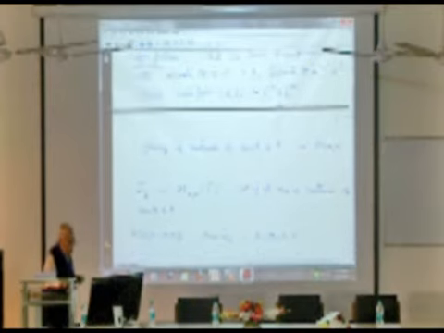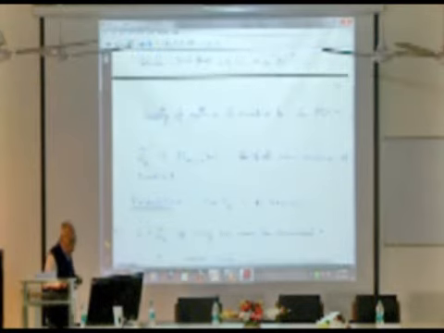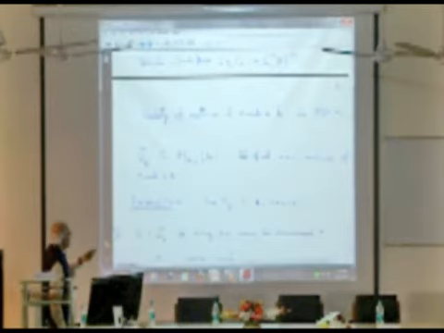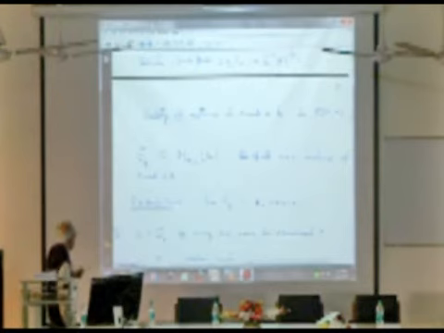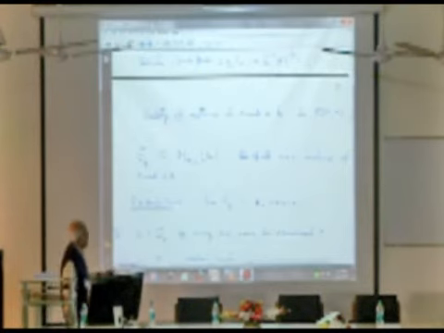So consider the variety of matrices of rank less than or equal to K. Denote by S_K in M_{m,n}(C), namely all m cross n matrices with entries from C, the set of all such matrices of rank less than or equal to K. The dimension of the subspace S_K is K times (m plus n minus K).